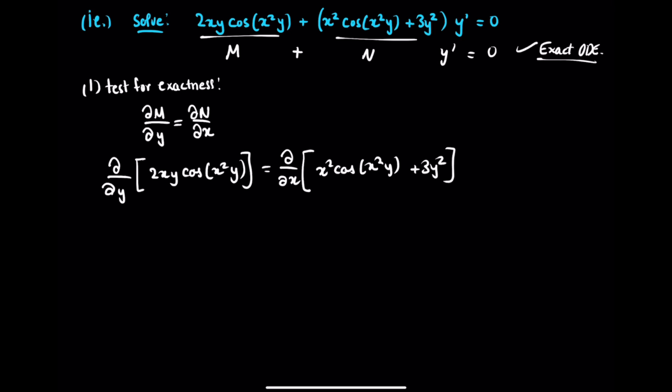Now let's take the derivative of the left hand side. By the product rule, this is 2x cosine x squared y, and then a negative, because we're taking the derivative of cosine, which always gives a negative sine: negative 2xy sine x squared y, and then we take the derivative of the inside, which is just x squared.